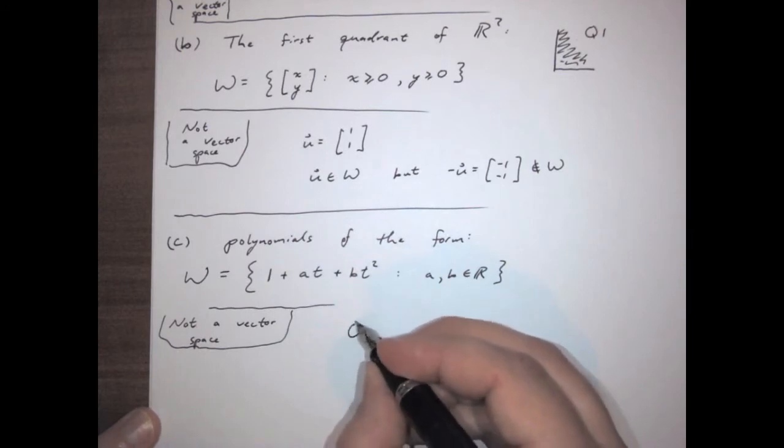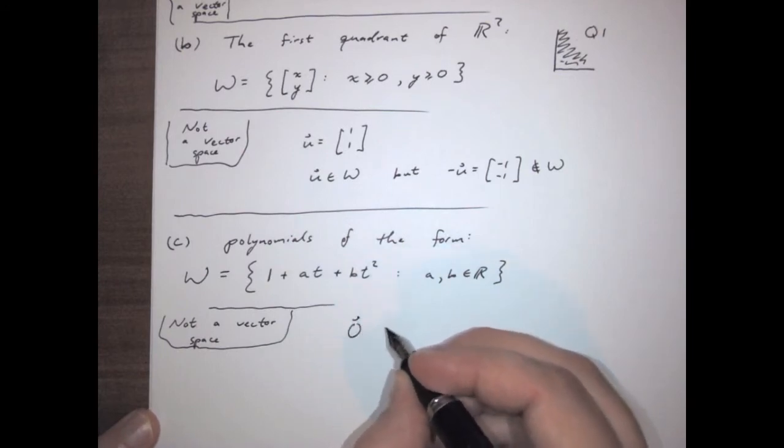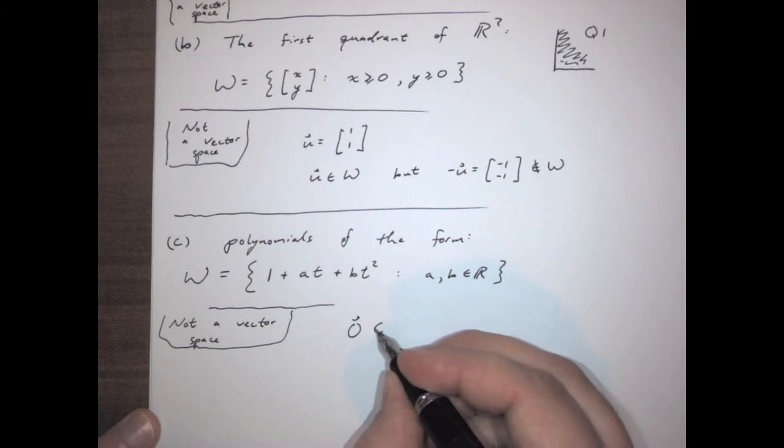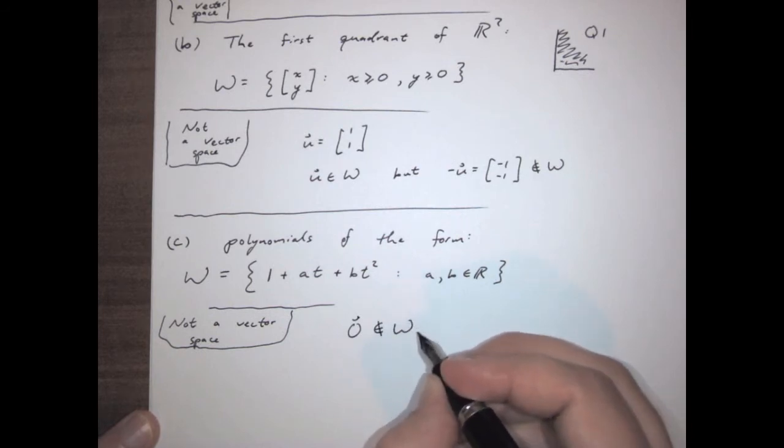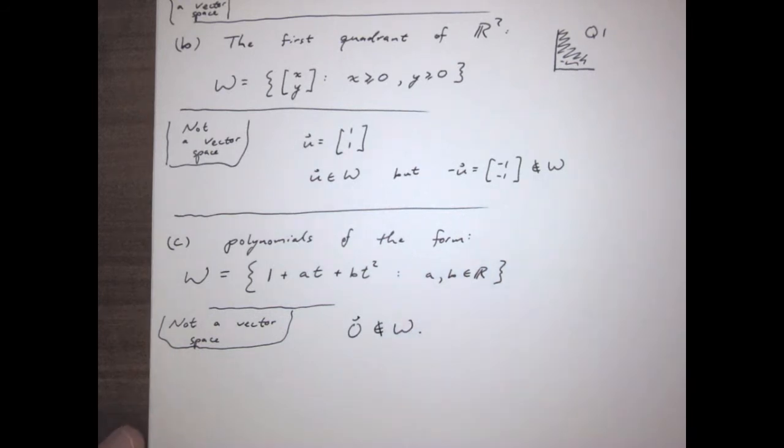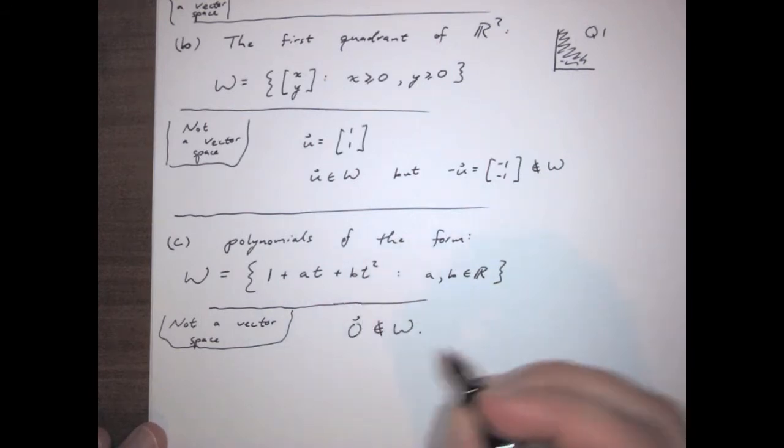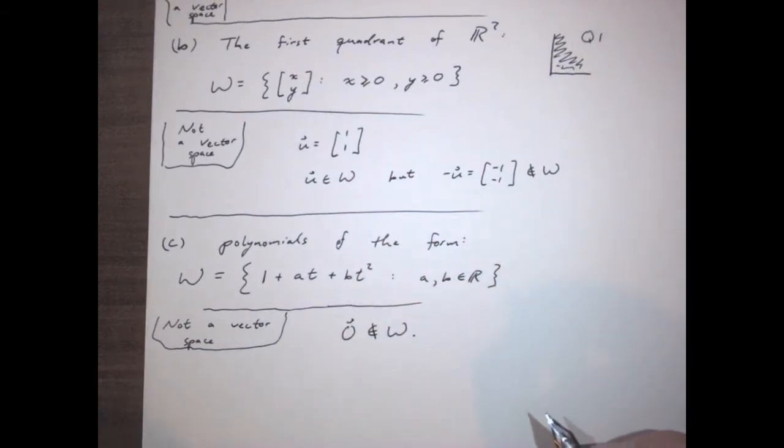So 0 is not in W. Also, if you were to do any scalar multiple other than 1, you would be messing up the format. But once you've proved your point, you can rest on your laurels.